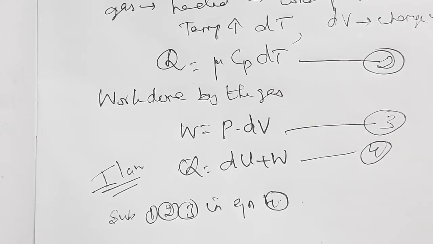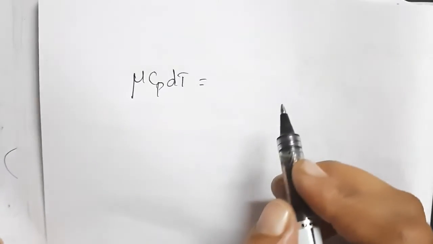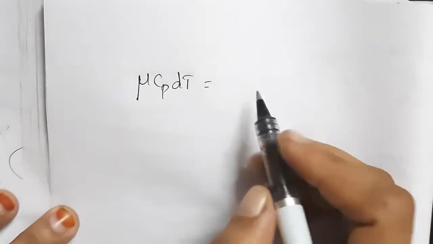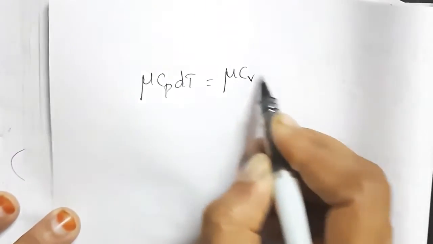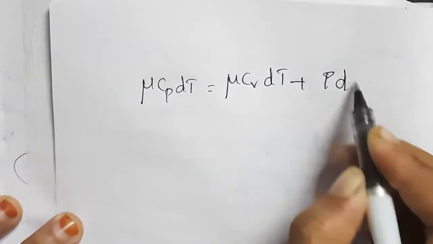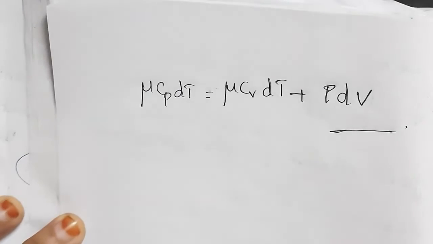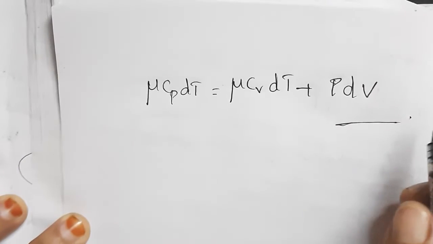So we can write mu Cp dT is equal to, what is dU? mu CV dT plus P dV. Consider this as equation 5.